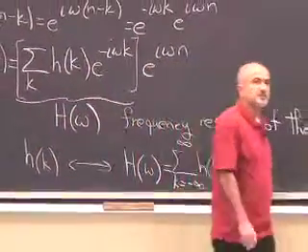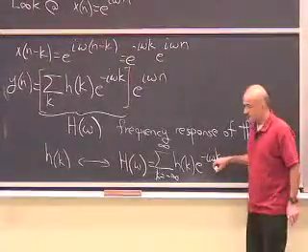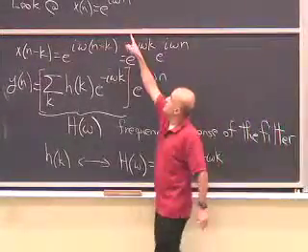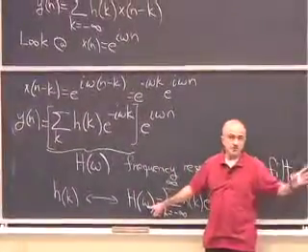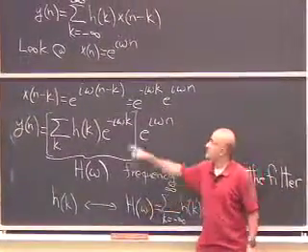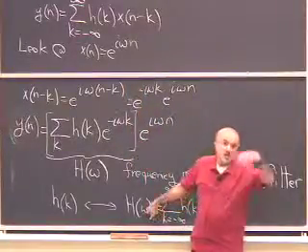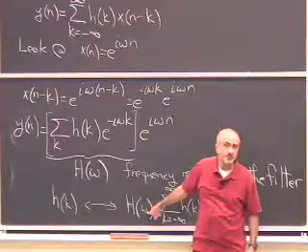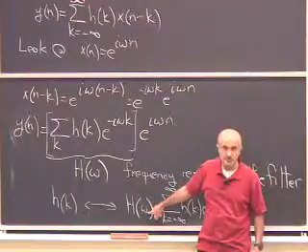And that's where the name filter comes from. For some frequencies omega in the input signal, h of omega may be 0, which means the filter kills those frequencies. For some frequencies, h of omega may be a high value. So it passes those frequencies, or it may even amplify those frequencies.